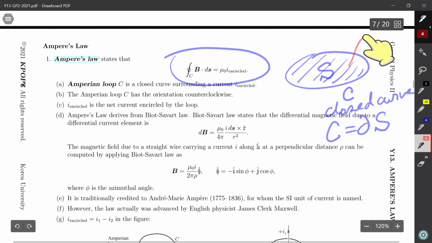Passing through the surface, some current density is flowing out that we can integrate over the surface of the current density. We'll find the current. And this current is called enclosed current.